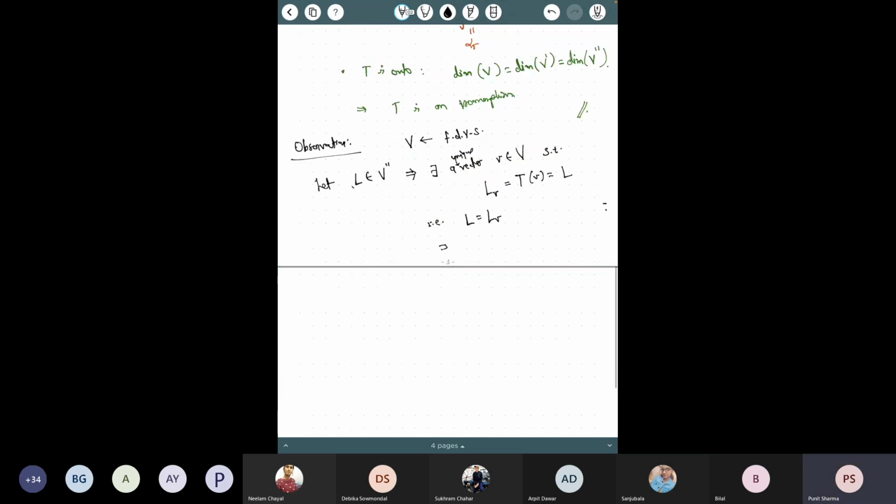These L and L_V are elements of V double dash, that means they are functionals from V dash to F. And if these two are the same, that means L of F is equal to L subscript V of F for all F. But then L_V of F is just F of V. So this is true for all F. So the observation says that if you have any element L in V double dash, then there exists a unique vector V such that L is equal to L subscript V.